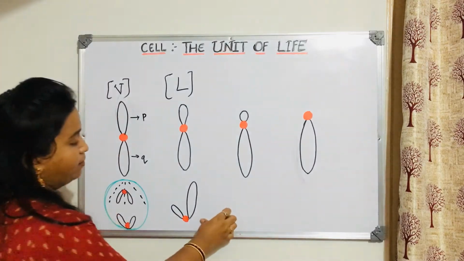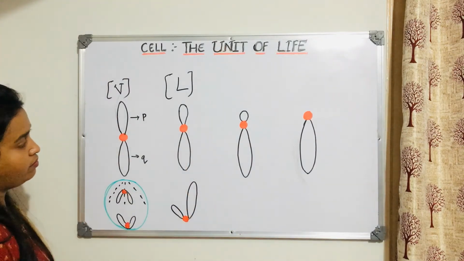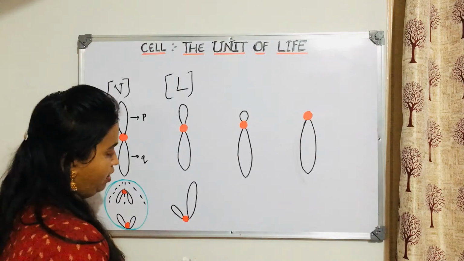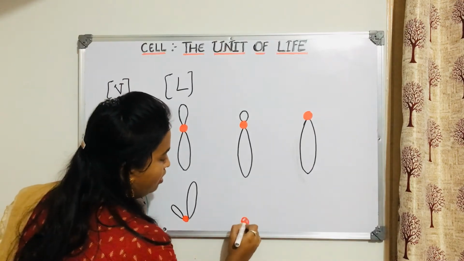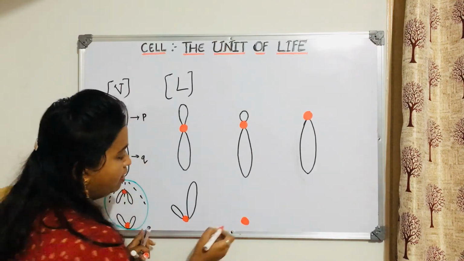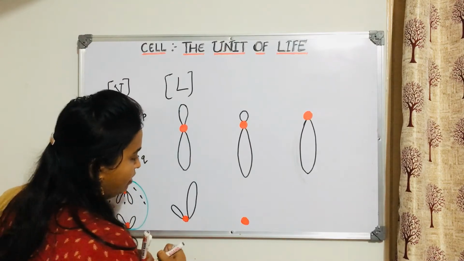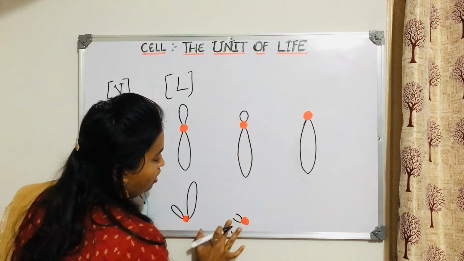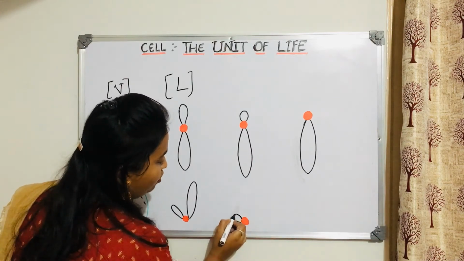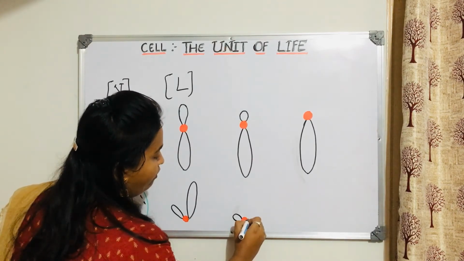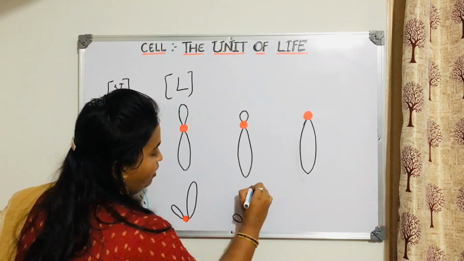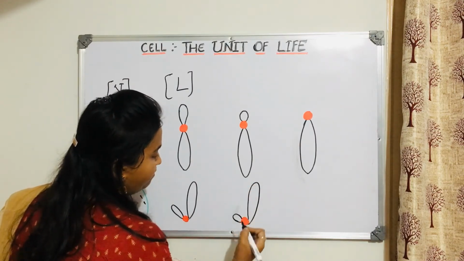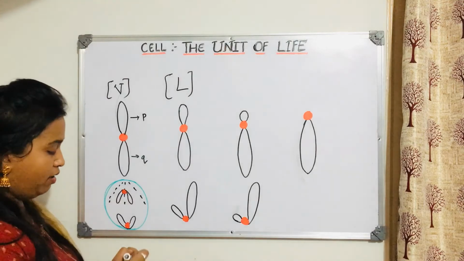Then coming to this one. Here, if you see the centromere, it has a very small arm, because it is almost towards the end, and a very long arm like this. What do we call it?